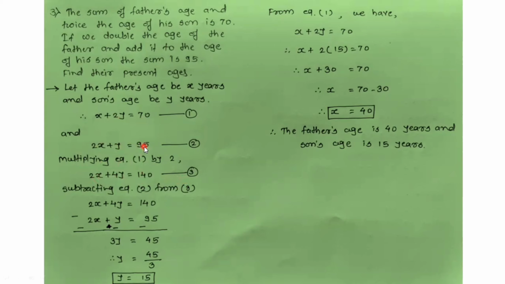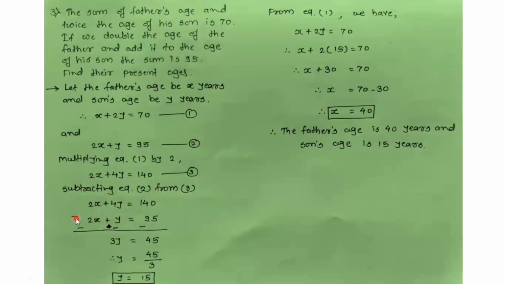Compare these two equations, 2 and 3. As the coefficients of x are the same and the signs are also the same, this time we have to subtract these two equations. That is, subtracting equation 2 from 3, we have 2x plus 4y is equal to 140, that is equation number 3. And from this we have to subtract the second equation, that is 2x plus y is equal to 95.